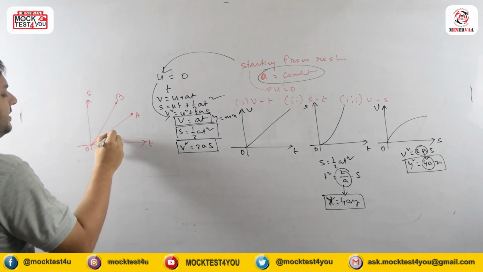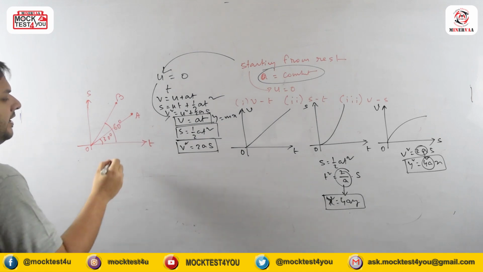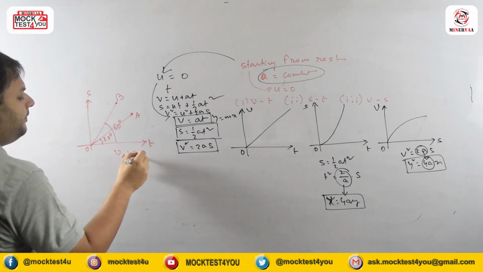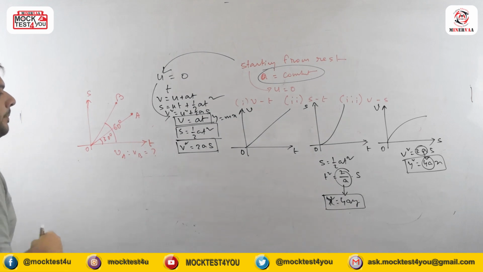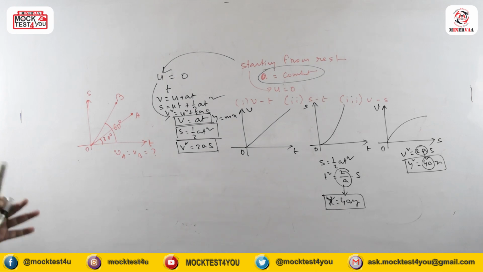If this angle is 30 degrees and this angle is 60 degrees, we need to find the ratio of velocity of the particle at points A and B, or of two particles which are moving at point A and point B.